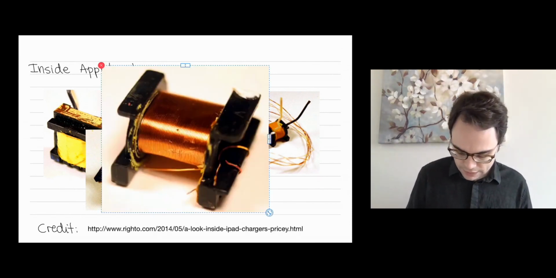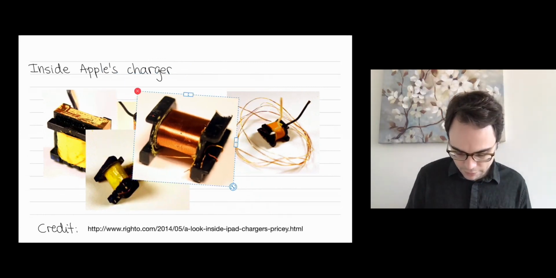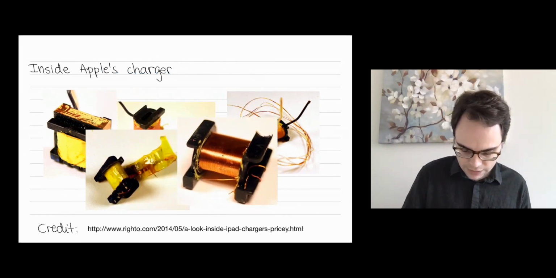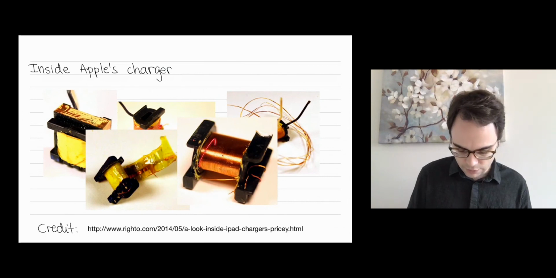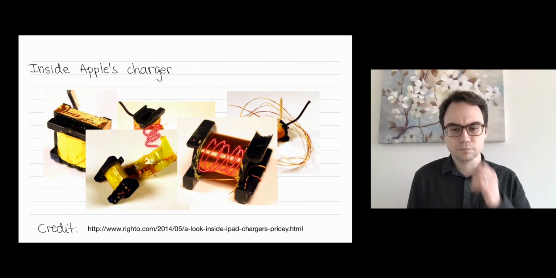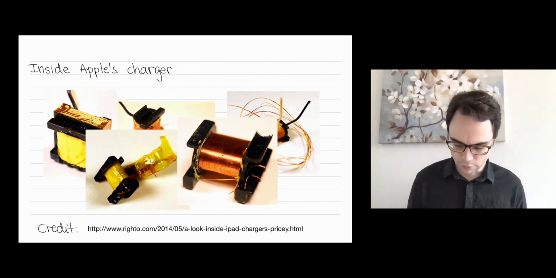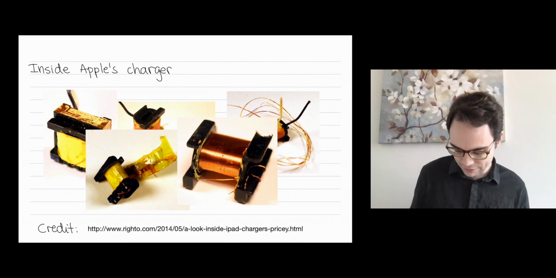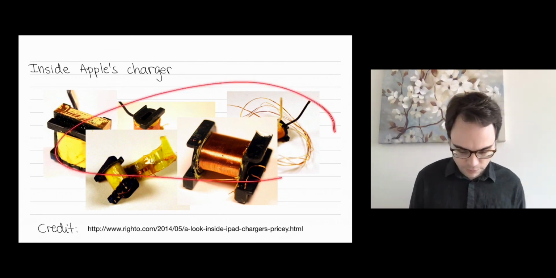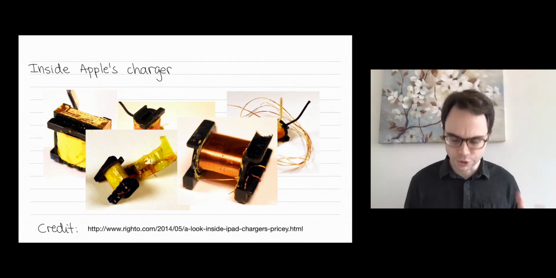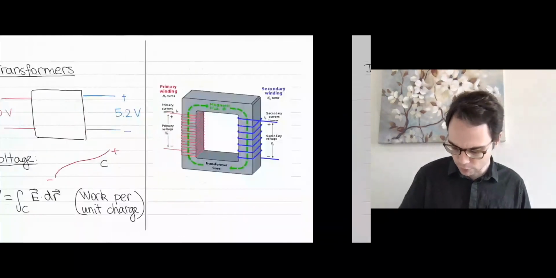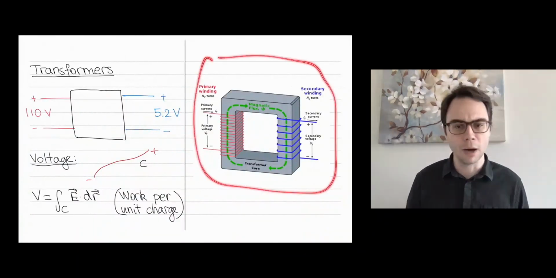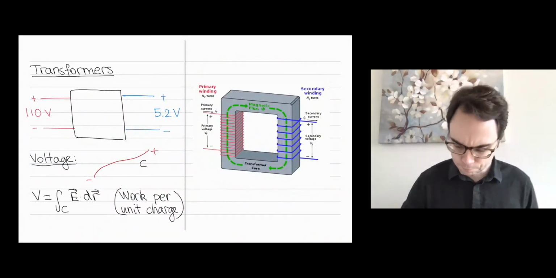Take off the insulating tape, and you're left with a little bit more of the original, the second half of the red wire from before. This is just to bring to life the discussion. These pictures from Apple's charger are remarkably similar to the simplified model I'm discussing with you now.